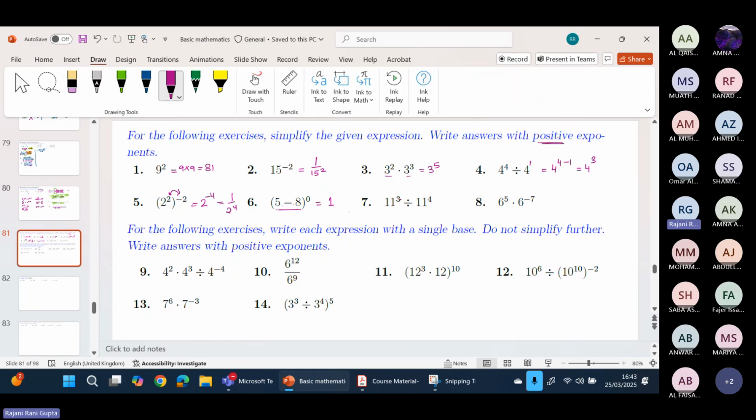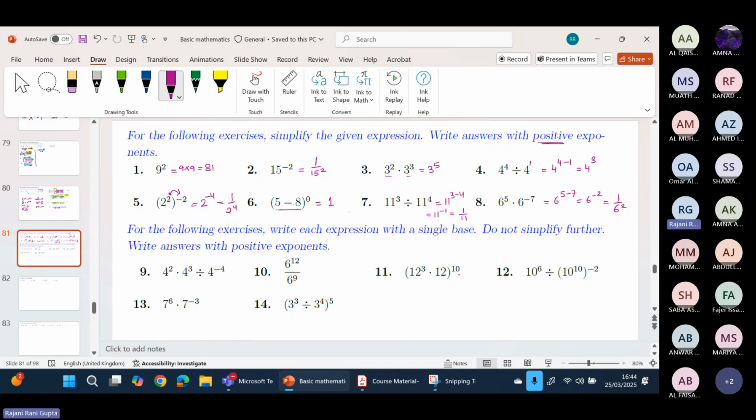And then 11 power 3 divide 11 power 4. So when you simplify, 11 power 3 minus 4, that is 11 power minus 1, you can write it as 1 over 11. So this will be 6 power 5 minus 7, that is 6 power minus 2. You can write it as 1 over 6 power 2. Same thing in all these questions.